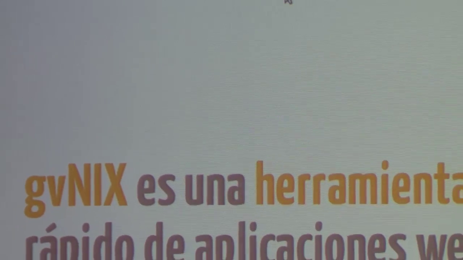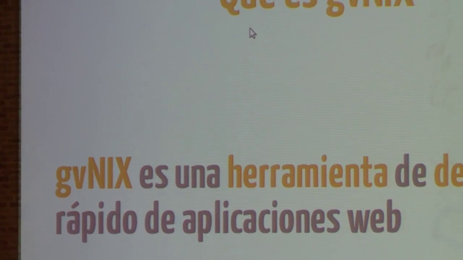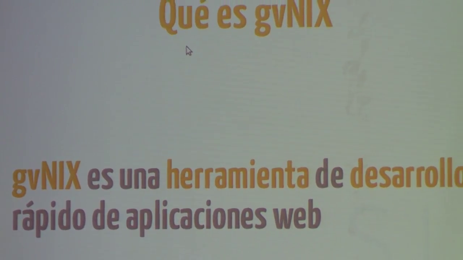So what is gvNIX? gvNIX, as I say, is a tool for rapid web application development. What characteristics does it have? It's multi-platform. We can open up gvNIX and use it in Linux, in Windows, in Mac.